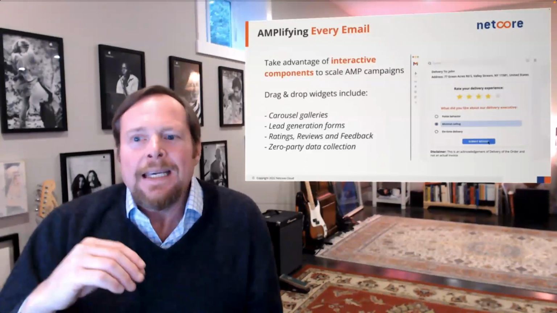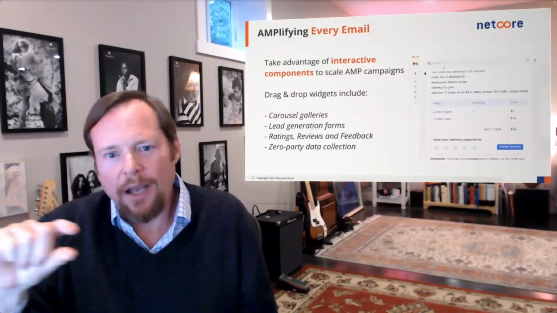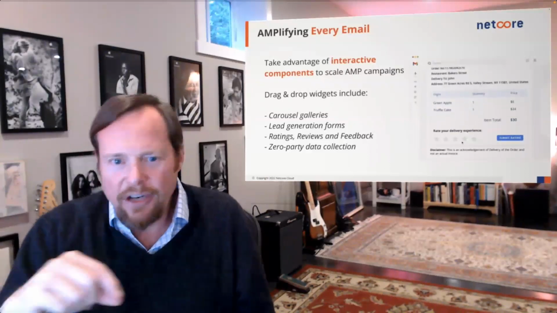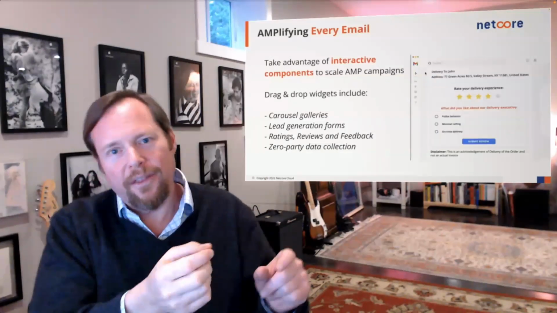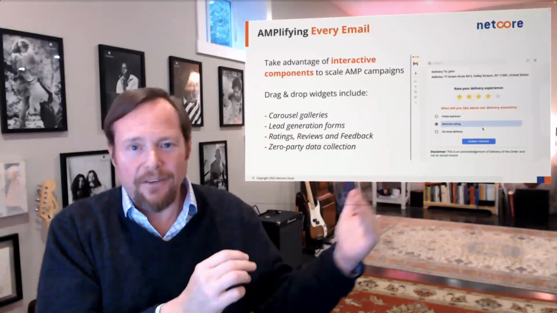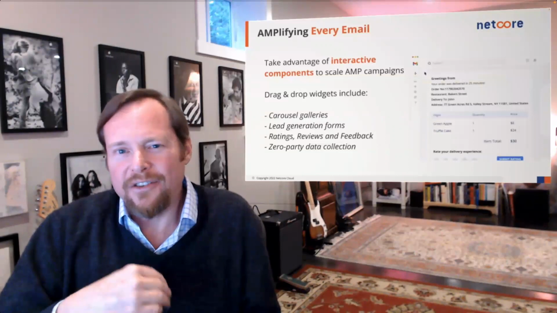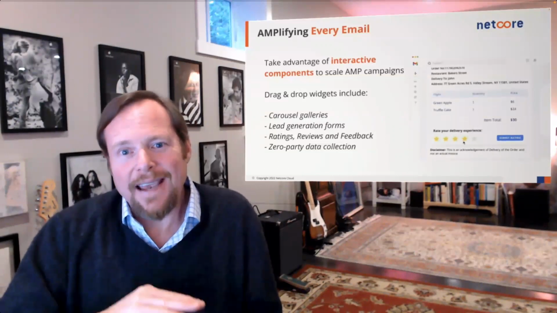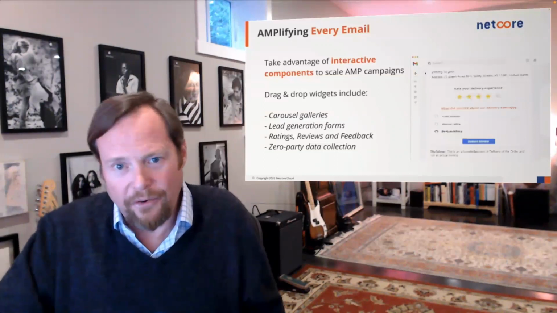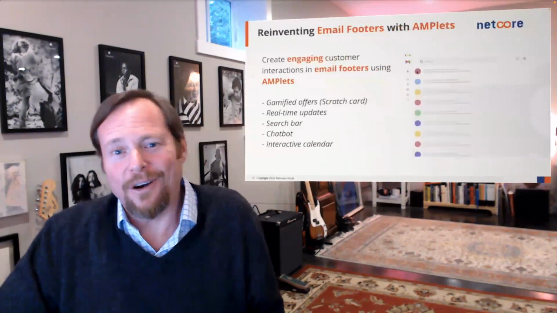But nowadays we can amplify every single message, whether it's lead gen forms, carousels, ratings and reviews, or messages without data collection. The opportunity is really as limitless as one's imagination to amplify virtually every message we're sending. And many brands we're currently working with at Netcore do.